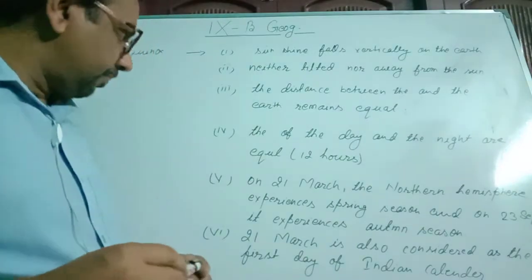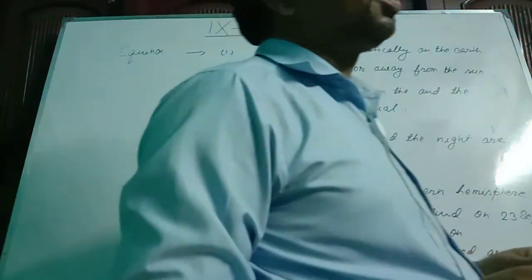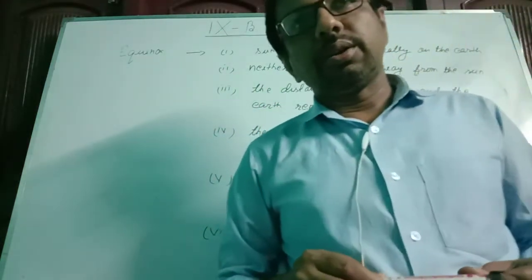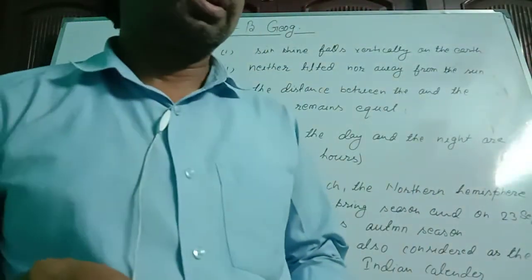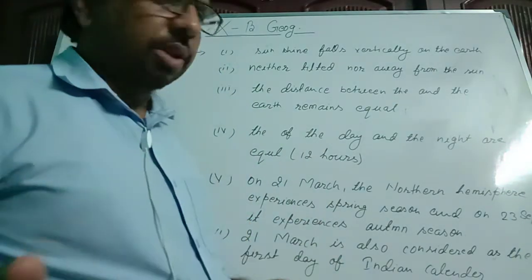And fifth, on 21st March, the northern hemisphere experiences spring season, and on 23rd September, northern hemisphere experiences autumn season, and it is just reverse in southern hemisphere.